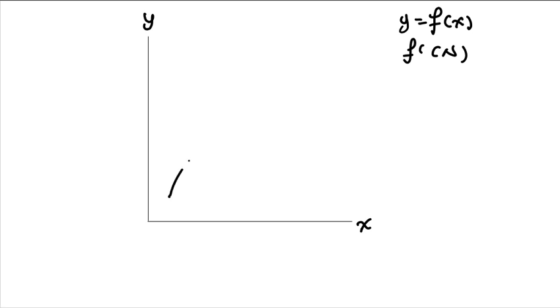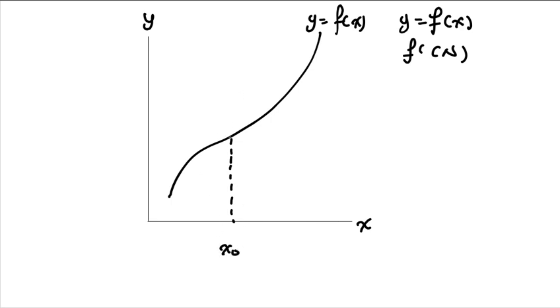Let's say the curve looks like this for simplicity. So this one is y as a function of x. Pick one point and call it x naught. At x naught, we have the value of y, which is f(x naught).